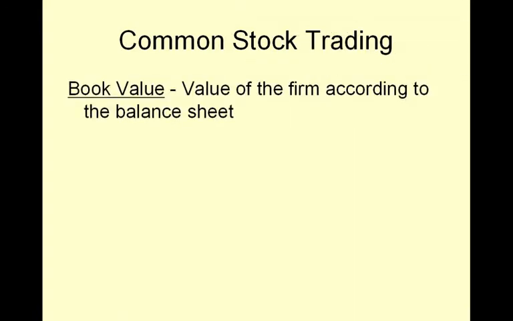The book value of the firm is the value of the firm according to the balance sheet. That is the numbers that you read on the balance sheet that say the asset value is $10 million, the equity value is $4 million, the debt value is $6 million. That's the book value.